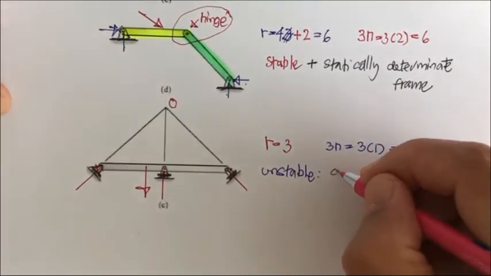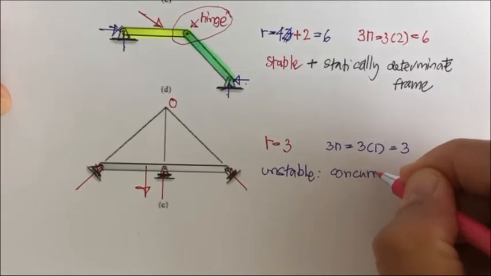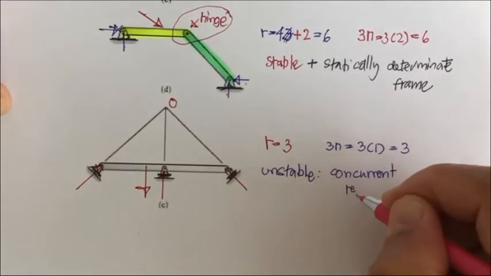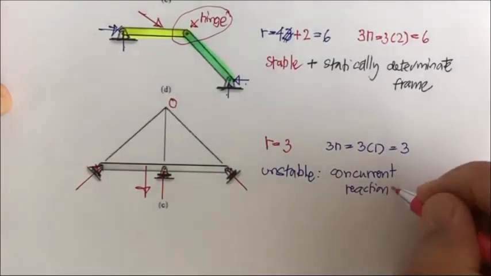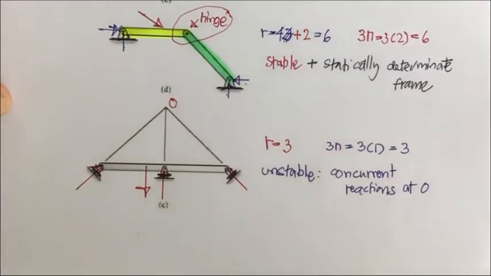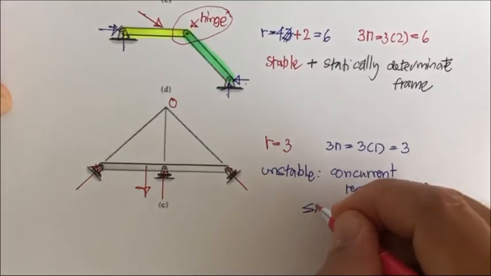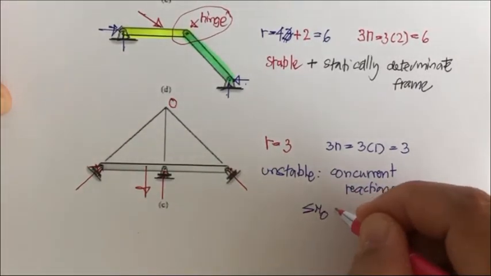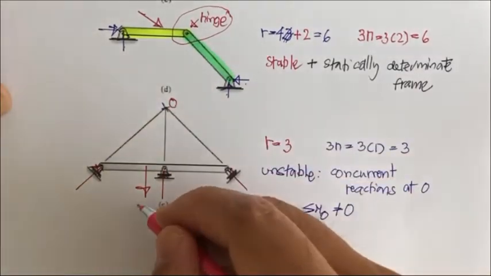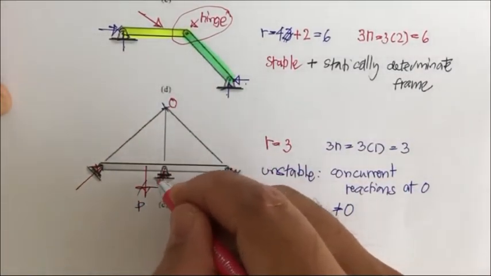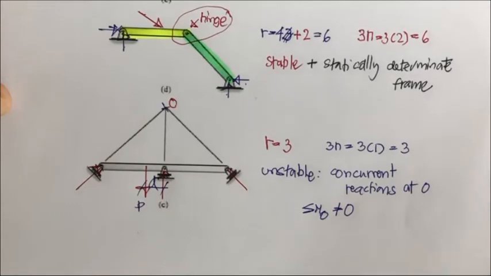Due to the concurrent reactions at O, in which the summation of moment about O won't be 0. If you take the force P times D here, it's not going to be 0. So this is the unstable beam.